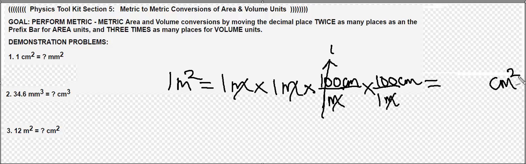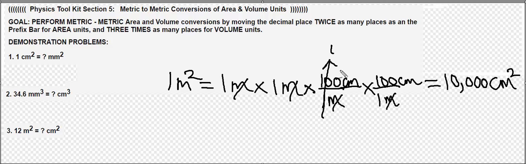How many do we have? We have 100 times 100, or 10 to the 4th, or 10,000 square centimeters.